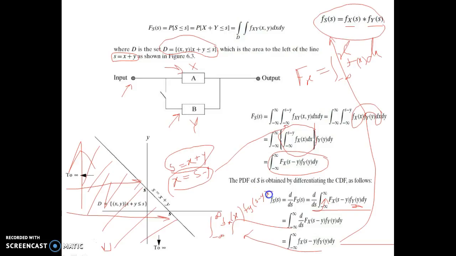There are two ways of doing linear convolution, as a quick recap. So we have shown that if S is the sum of two independent random variables X and Y, then the PDF of S is given by the linear convolution of the PDF of X and the PDF of Y.